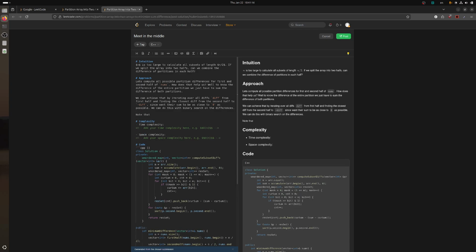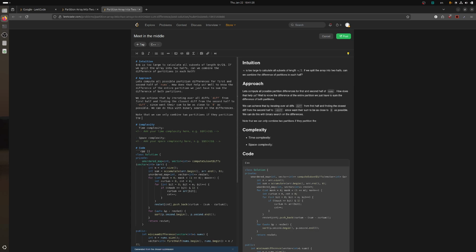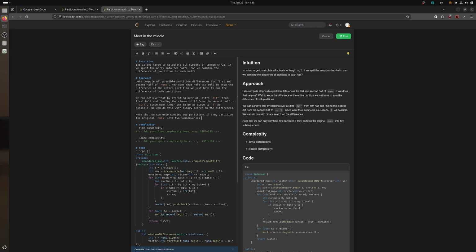Note that we can only combine two partitions if they partition the original nums into two subsequences with equal length.